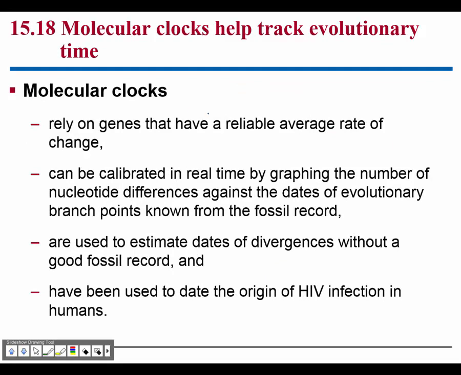So molecular clocks, we can figure out when genes diverge because they have a reliable average rate of change. Okay? So it's a predictable rate of change, just like the isotopes, and so we can use that molecular clock and calibrate how long things diverged. And we use this to date the origin of HIV infection.